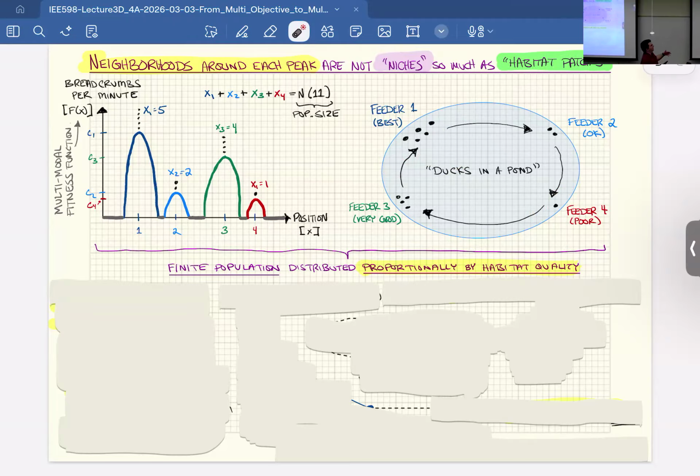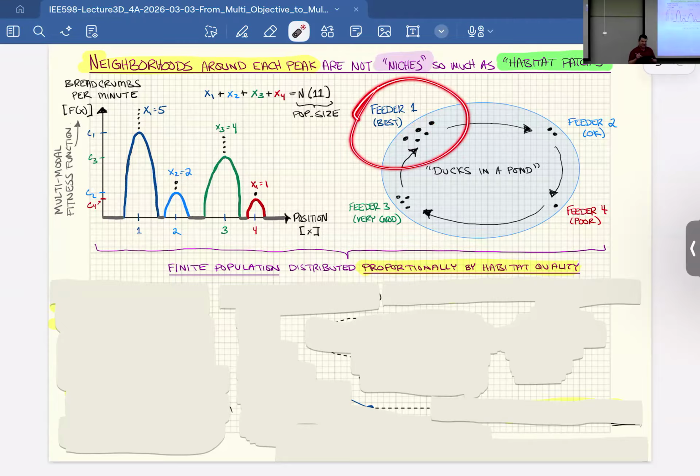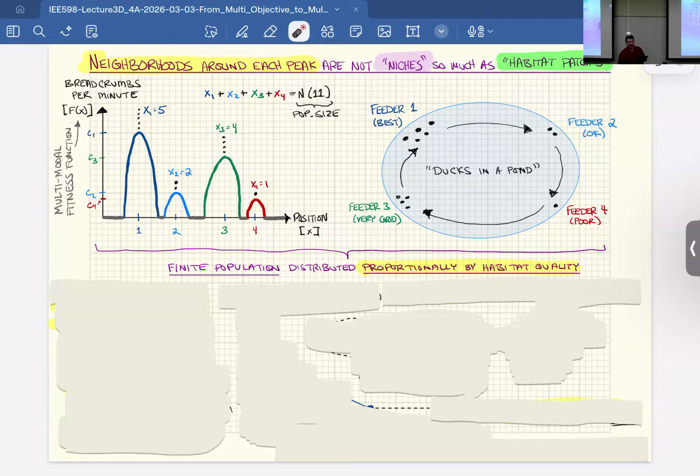What you're really doing is you're penalizing density, but you're doing it in a fitness specific way. So if you get too many individuals at the high density peak, then it ends up becoming better to go to a lower density peak. Just like, even though this person's throwing out a lot of breadcrumbs, if they're throwing out 60 breadcrumbs a minute and then 10 ducks sit in front of them, each duck is only going to get 6 breadcrumbs a minute.